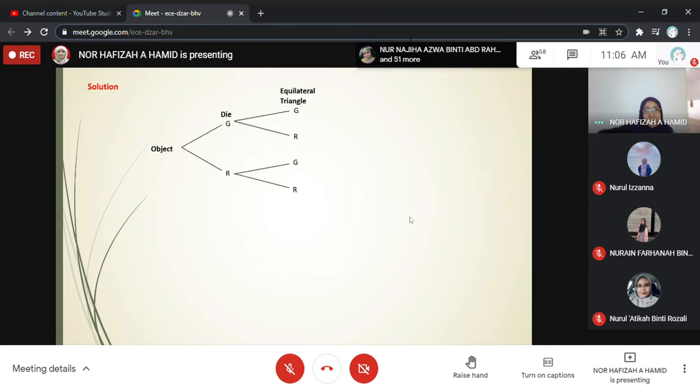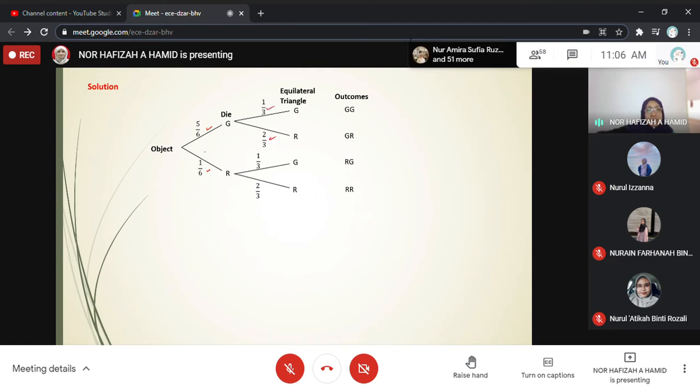For the die, we have 5 green faces, so 5/6, and red is 1/6. Then for the spinner we also have green and red. Green we have 1, so we get 1/3, and red is 2/3.